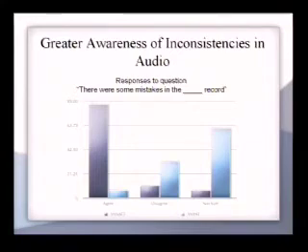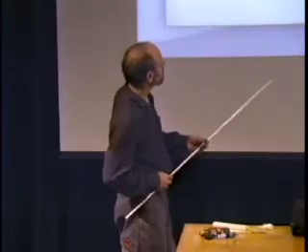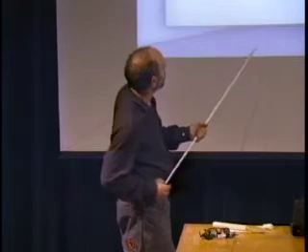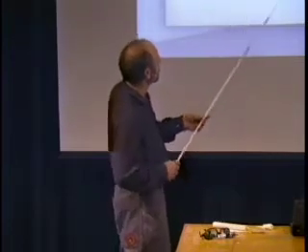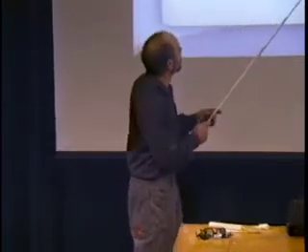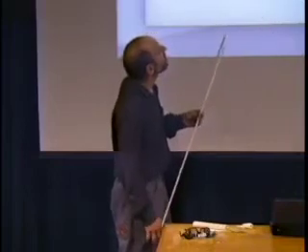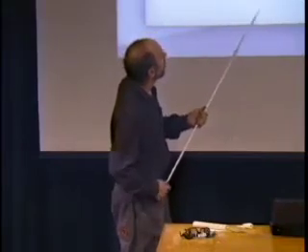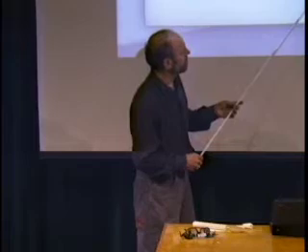And so basically, with the paper trail, we find that this is just how people felt about it. They thought that there was an error: 7% of the people with the paper trail, 85% with the audio.